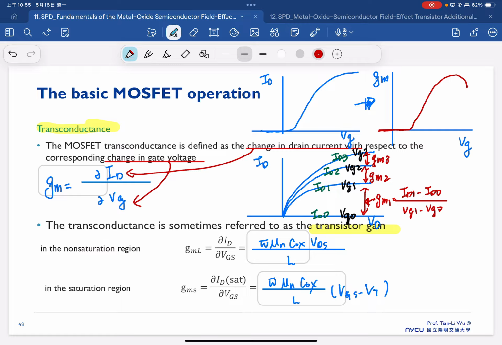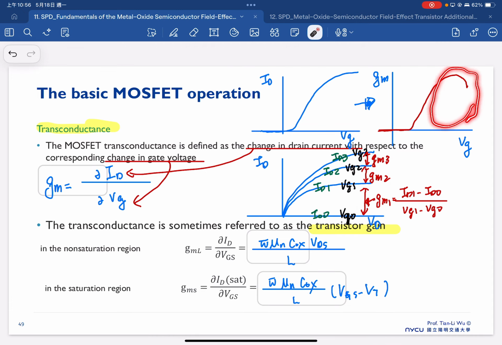So in most cases, when we increase the VG, the transconductance is reduced. This is exactly consistent with this curve, which also suggests that increasing the VG reduces the transconductance. So as long as VG is higher, your transconductance is getting lower and lower.